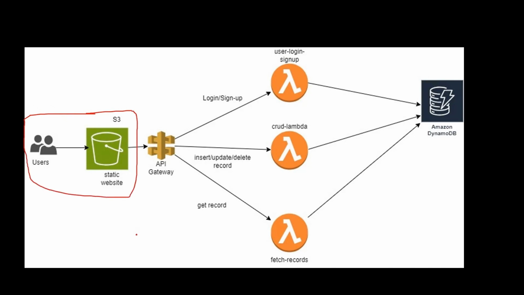We will host the static pages of our website on S3 and see how it works with a practical demo. And in the next lecture I will create the API gateway and the backend Lambda functions and the database. So let us get started with a demo of this part, hosting of the static website on S3.